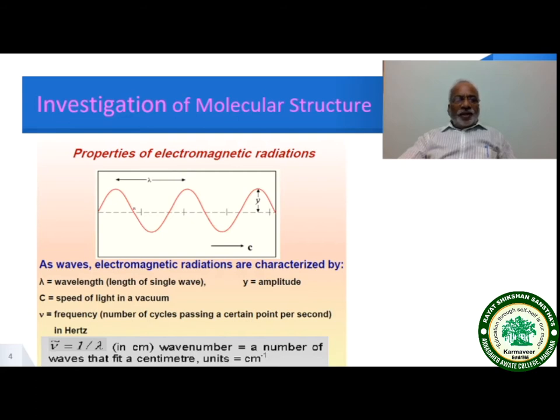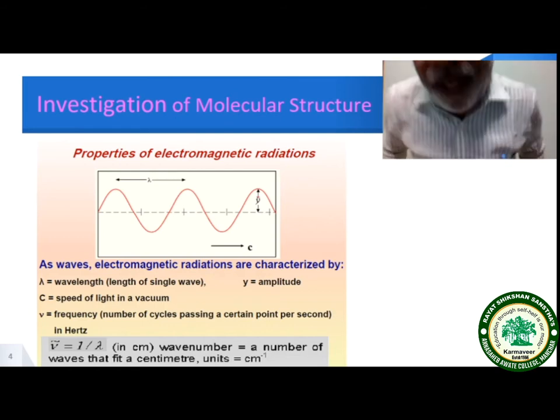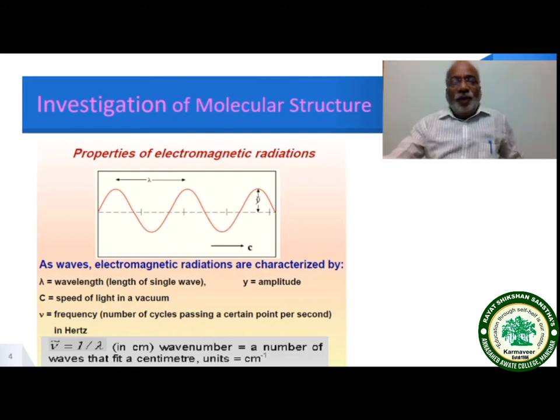If this is the half cycle or half circle, and this is the next half circle, it forms a complete circle. So when it moves a complete cycle, this is nothing but the radius, meaning amplitude is considered in this particular way, as height.